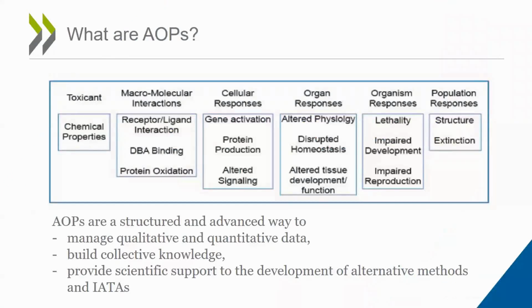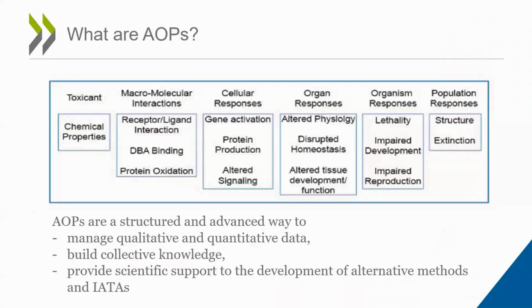So AOPs are the central element of a toxicological knowledge framework being built to support chemical risk assessment based on mechanistic reasoning. It is a way to structure the existing scientific knowledge, gather this knowledge in a single platform, and build collective knowledge.